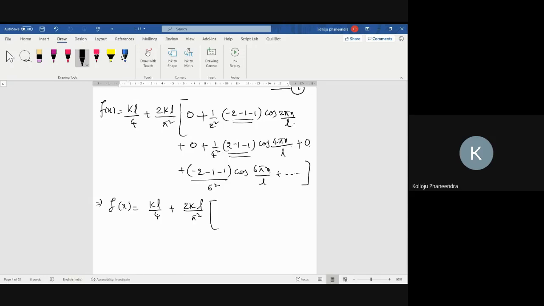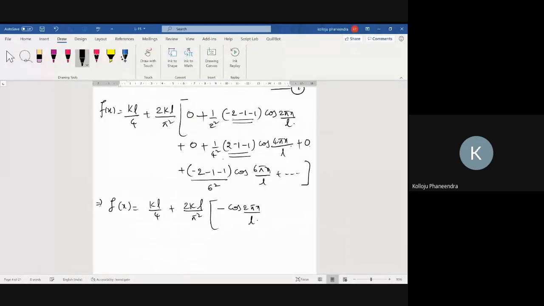When n equal to 2, minus 2, minus 4. Minus 4 means this is negative, you will get minus cos 2 pi x by L by 2 square. There is the mistake? When n equal to 2, yeah, it's correct.